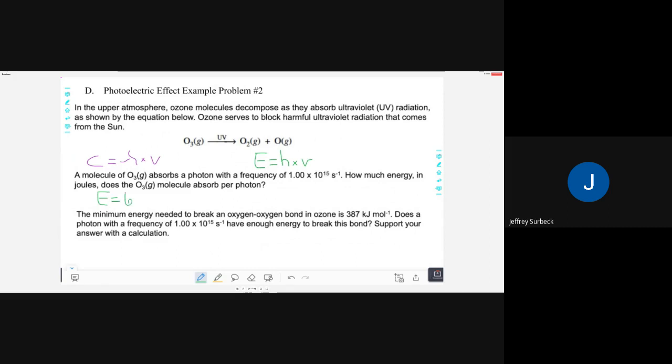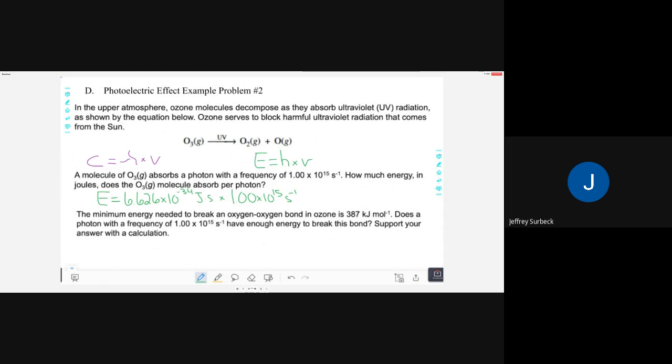Yep, 6.626 times 10 to the negative 34 joule seconds times that frequency that's given at 1.00 times 10 to the 15th hertz. Okay, so all we've got to do is plug this into our equation, and voila, we'll pop out a value for our energy.